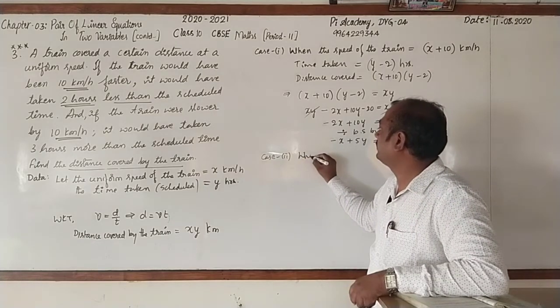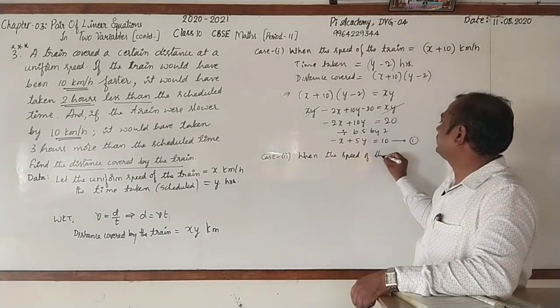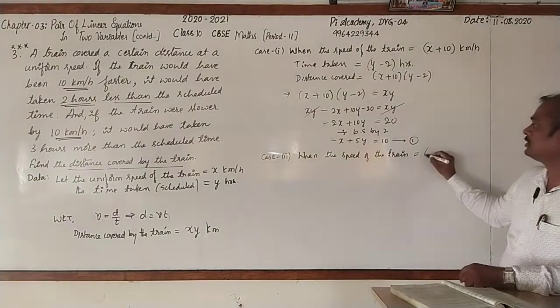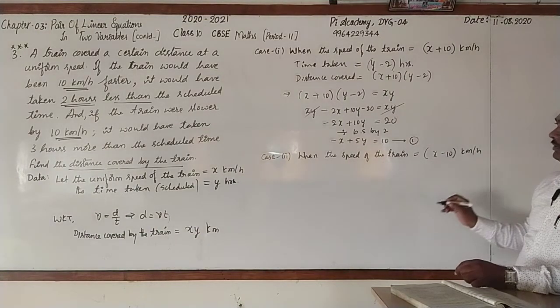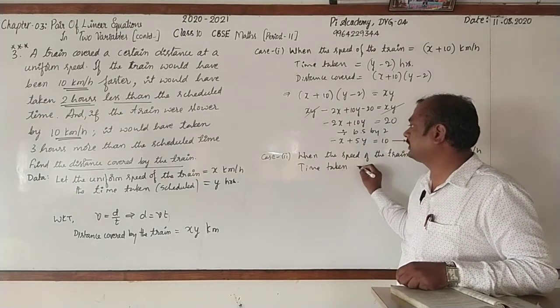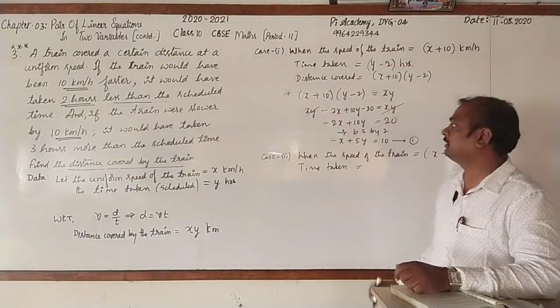Here I write. When the speed of the train is slower by 10, meaning x minus 10 kilometers per hour, then what about the time taken? As the speed decreases, the time obviously increases by 3 hours.